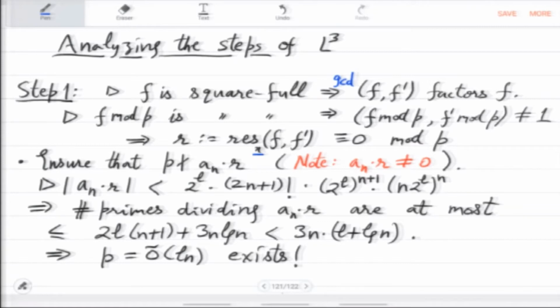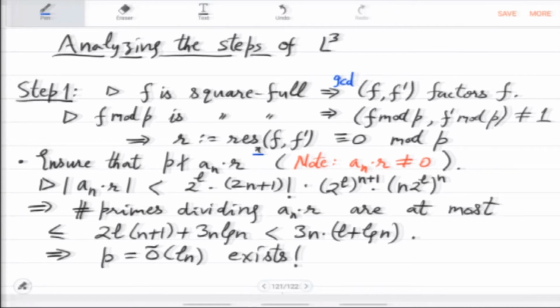Okay, so a_n times R, by the definition of the resultant, is bounded by this, and you can see that this bounds the number of primes dividing it by the log of this bound. So definitely a prime around L times n will exist and can be found. Okay, so you work with that prime. That is the analysis of step 1.